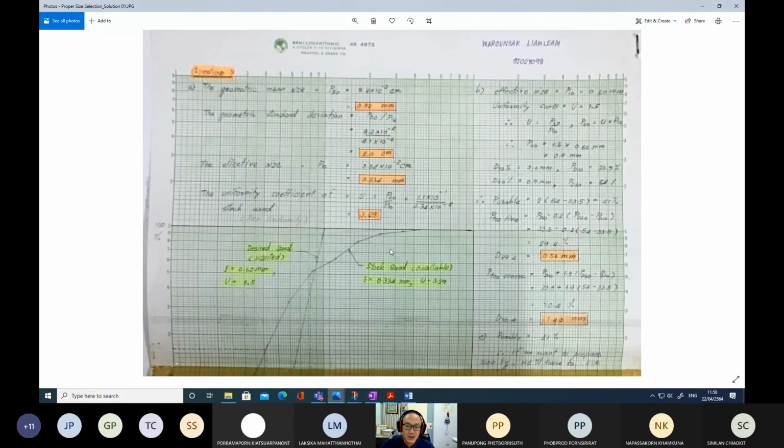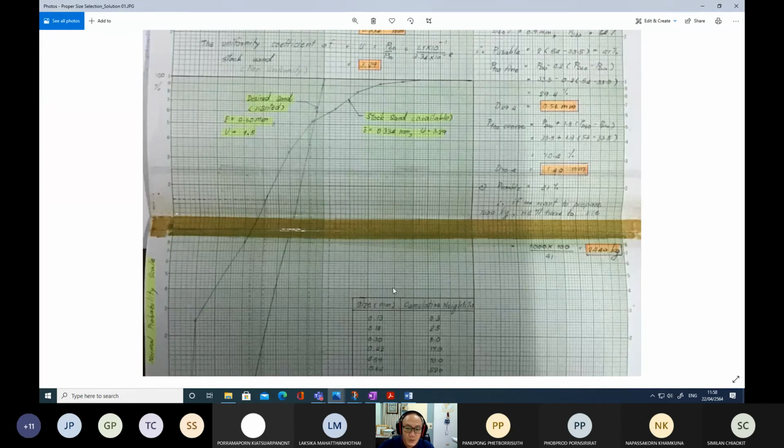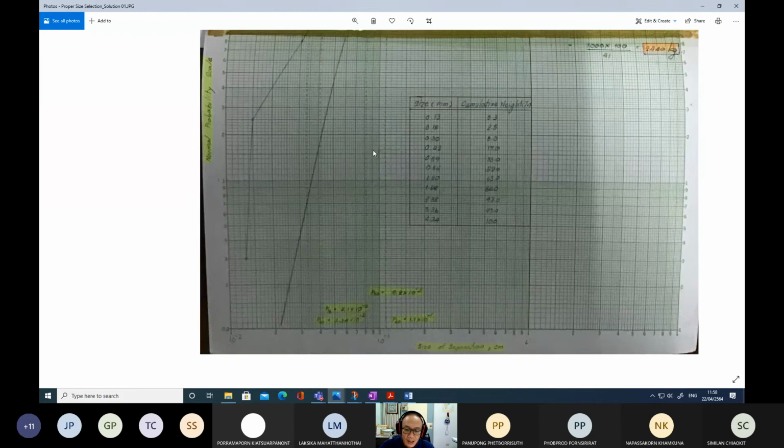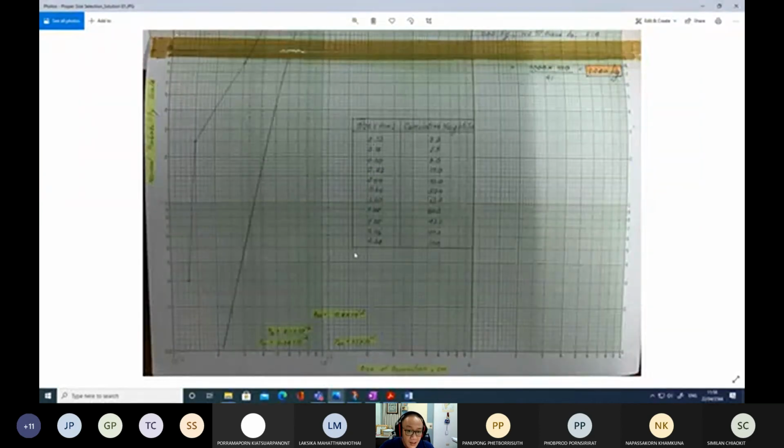According to the table, what you really need to do is plot all this information on the log graph.